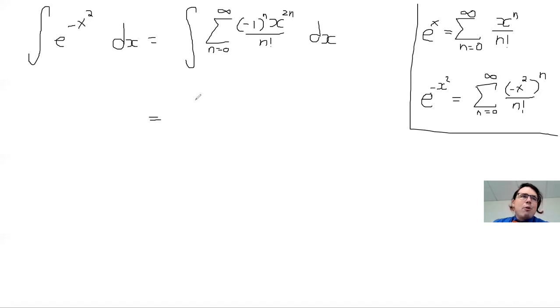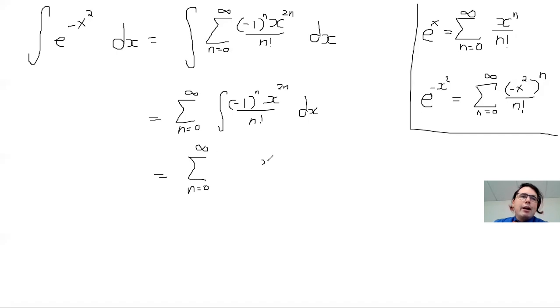Now comes time for the main trick in today's lecture. I'm going to push the integration sign inside the summation. And I'm going to use the power rule for integrals. Everywhere I see a power of x, all I need to do is increase that power by 1.